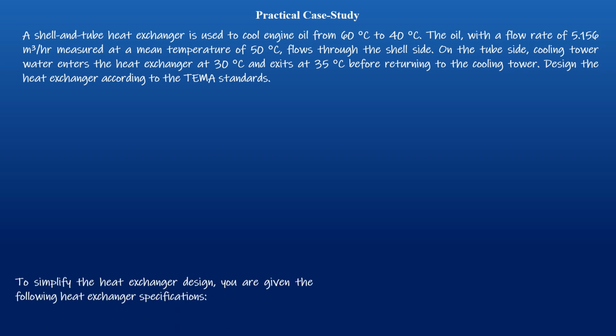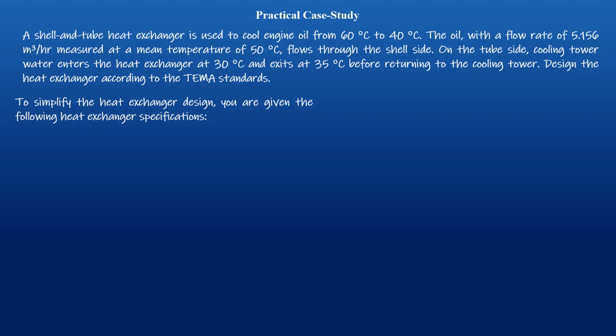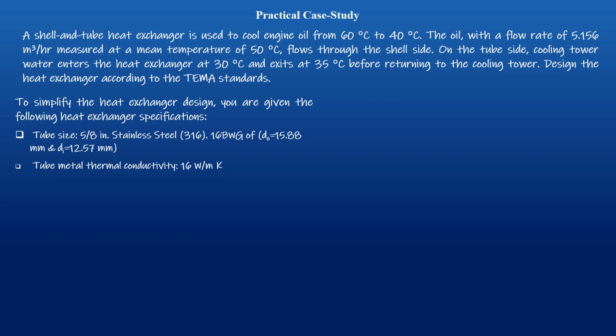We have some information given, or we have to start with these assumptions of physical and geometrical parameters. Let us consider a stainless steel tube, 316, that is 16 Birmingham wire gauge, with an outside diameter of 15.88 millimeter and an inside diameter of 12.57.